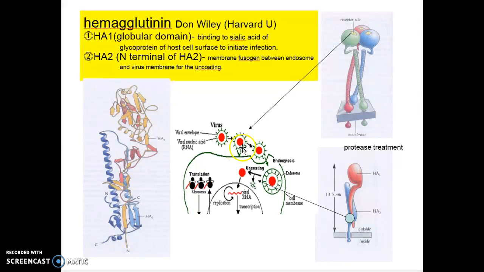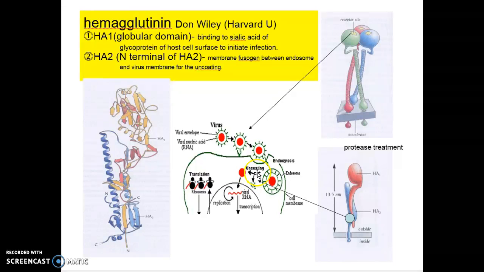Okay, what about the second one? HA2, in bluish color, this long stretched neck position is actually implicated in the uncoating process.